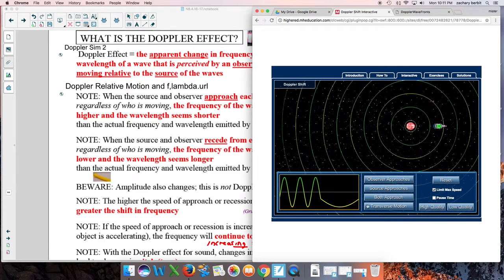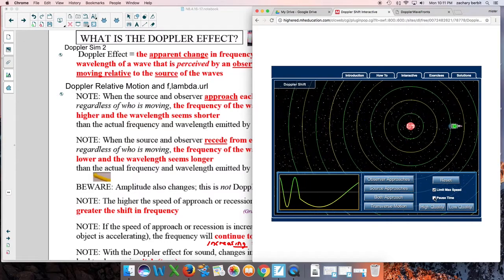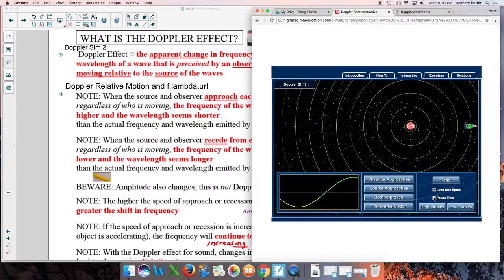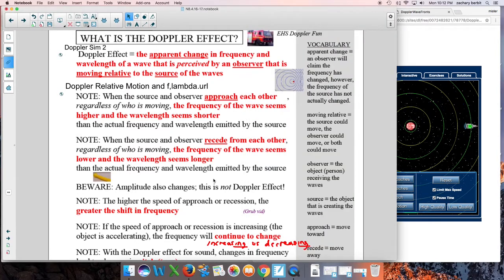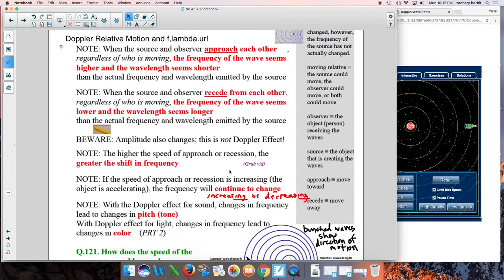There it goes. So for someone on the ship, someone who is an observer, this is a very real experience. In fact, the light would appear to be lower frequency, bigger wavelength on this side, and back when they were approaching, the light would actually appear to be higher frequency, smaller wavelength, which we see as changes in color, and with sounds, changes in tone.